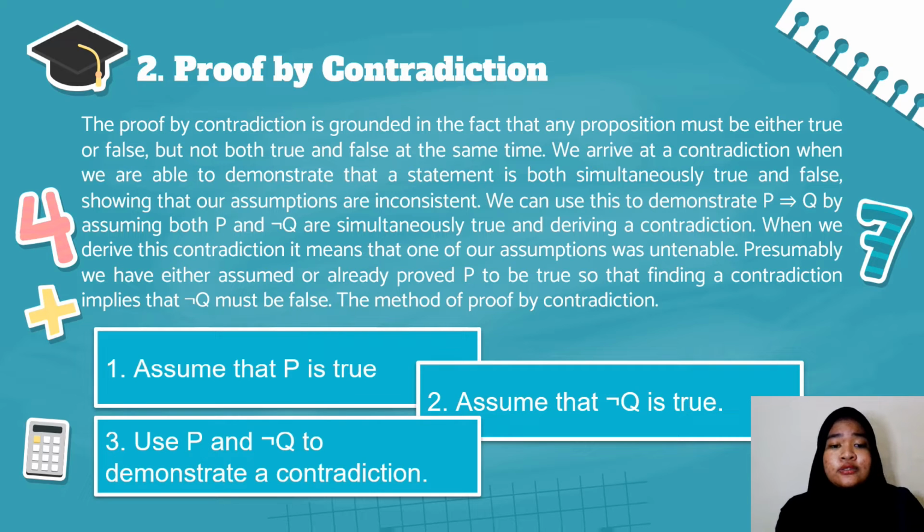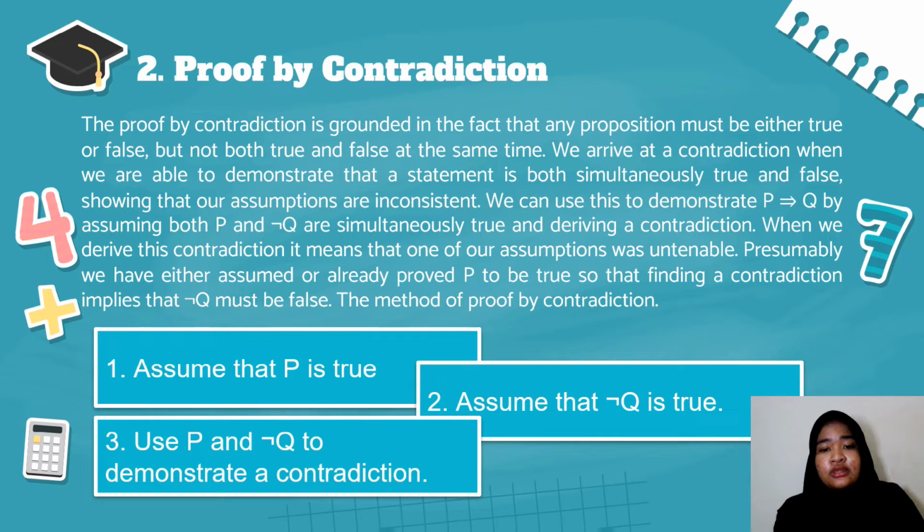Showing that our assumptions are inconsistent, we can use this to demonstrate P implies Q by assuming both P and negation of Q is simultaneously true and deriving a contradiction. When we derive this contradiction, it means that one of our assumptions was untenable. Presumably, we have either assumed or already proved P to be true, so that finding a contradiction implies that negation of Q must be false.